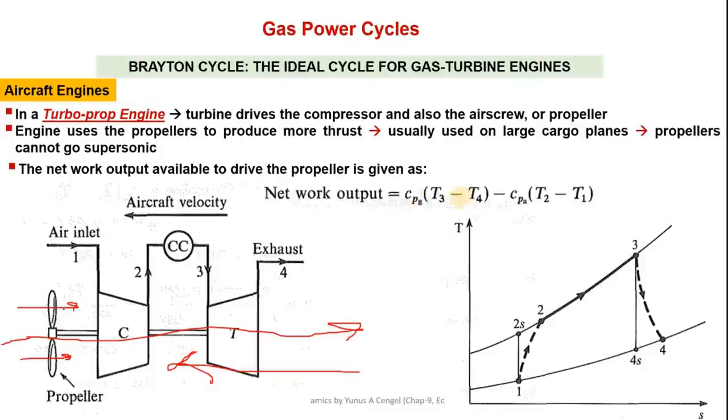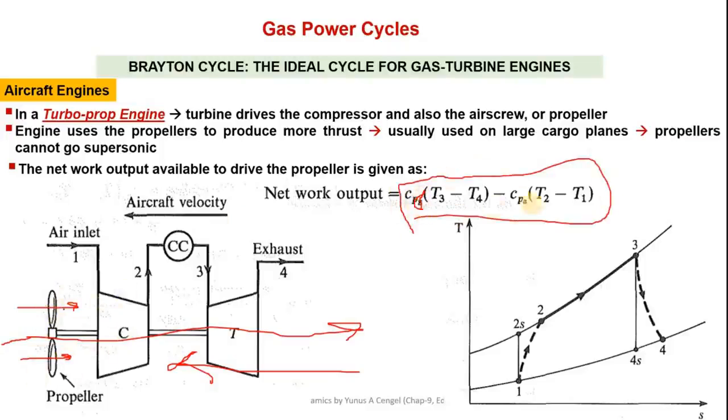Here is Cp into T3 minus T4. This is the turbine output, H3 minus H4, which is Cp into T3 minus T4, minus the work of the compressor. So the work of turbine minus the work of compressor is the work which is transferred to this propeller, and that is given by this equation.